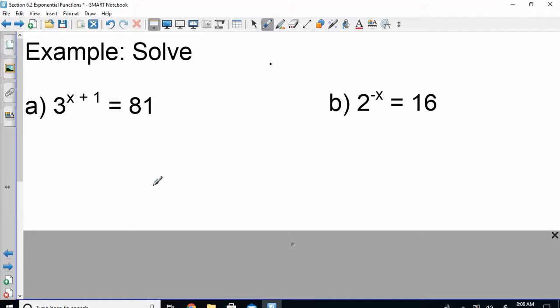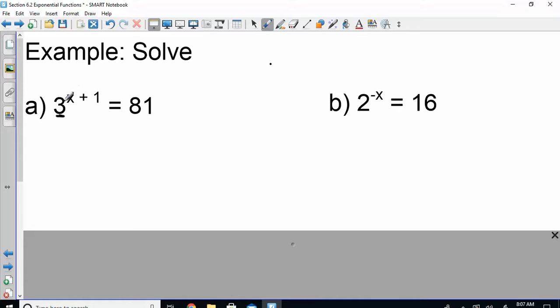But how could I rewrite 81? Nine squared is one option. Ideally, I would like it to be 3 to a power, so it's the same base. So we could write it as 3 to the 4th.